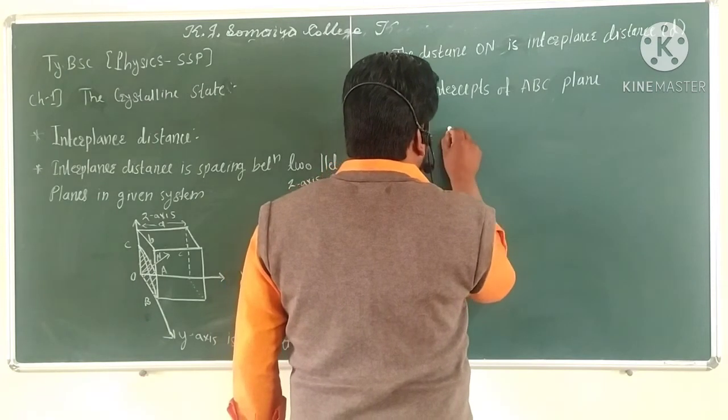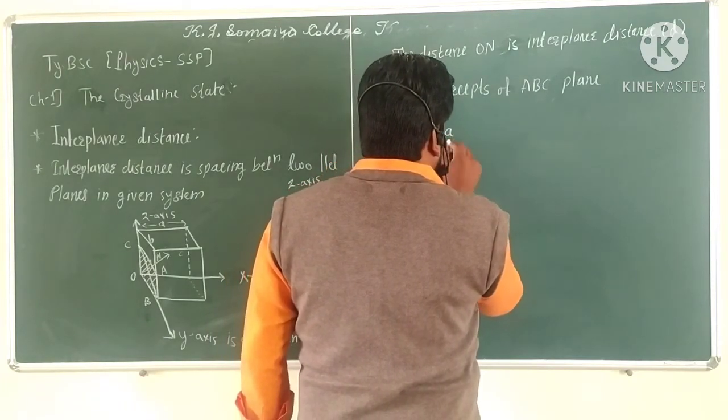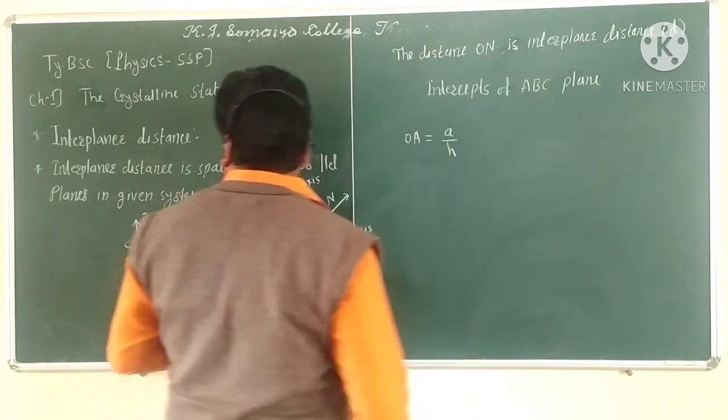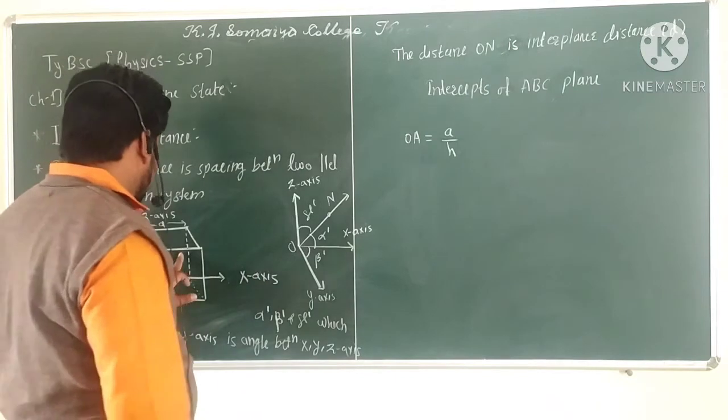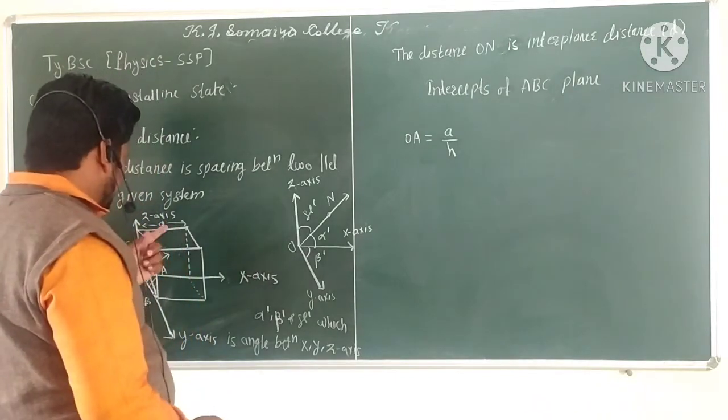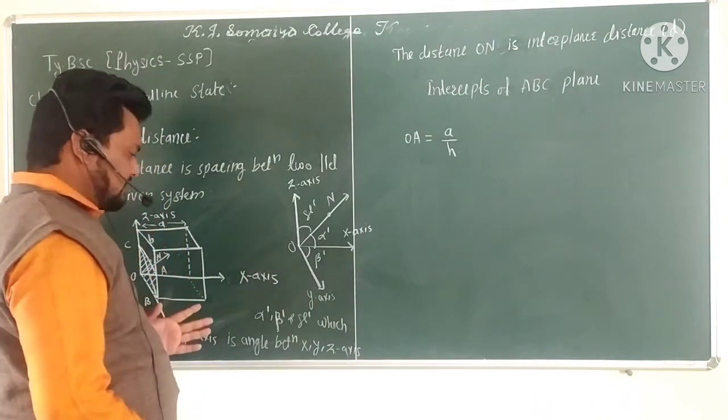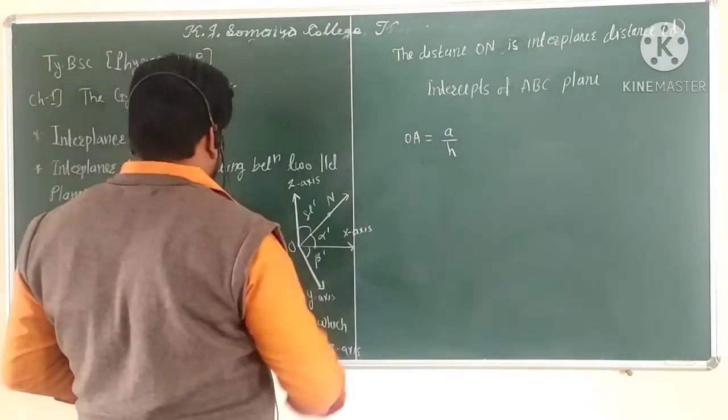So OA is equal to a upon h. Here a is the side length of the cell, and h is the Miller index, so that is a upon h.